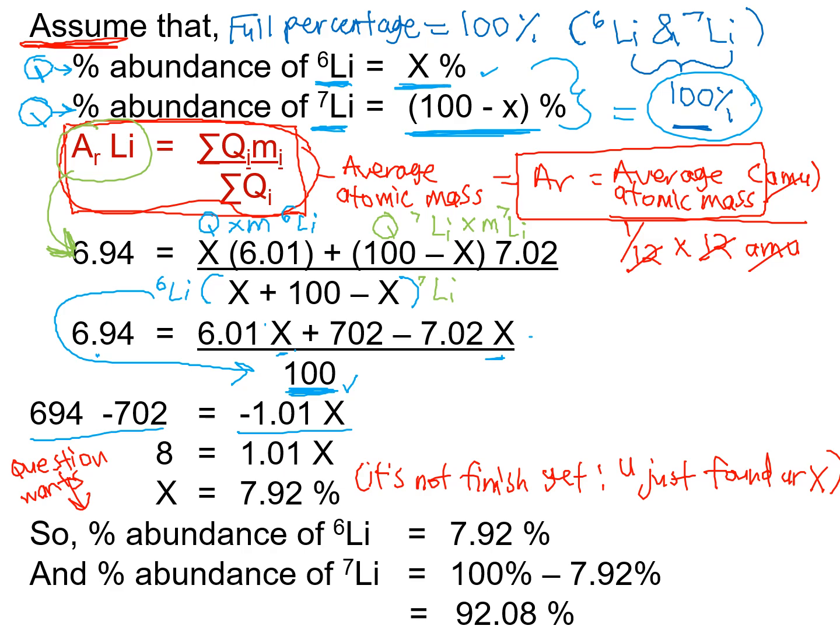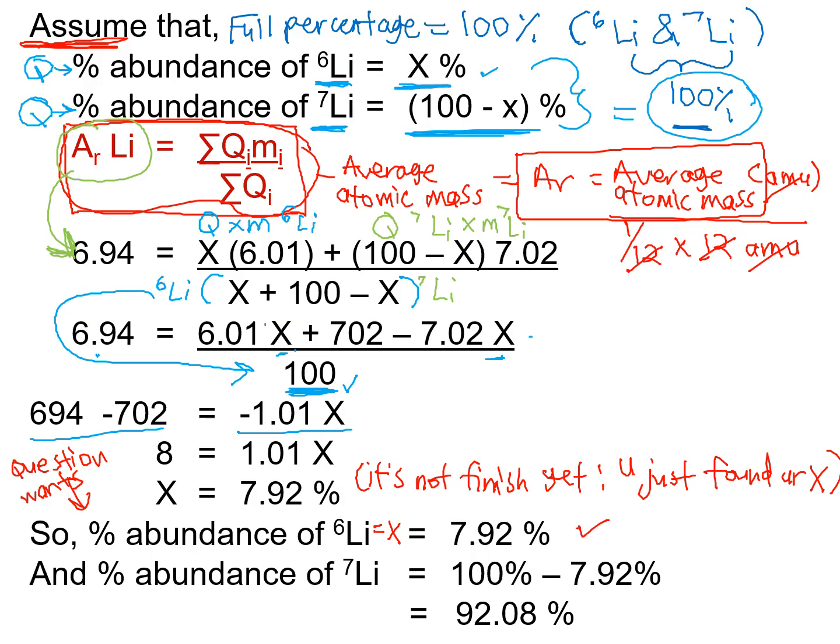So you masukkan assumption you tu. Tadi kan awal-awal you assume percentage of abundance for 6Li kan equals to X. So X kan you dapat 7.92%. So makanya percentage of abundance for 6Li adalah 7.92%. Okay.